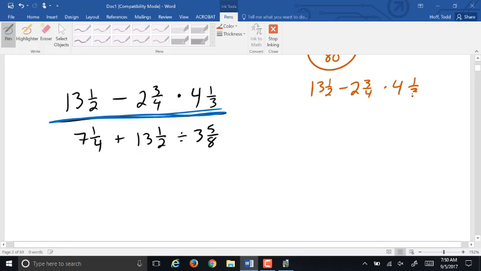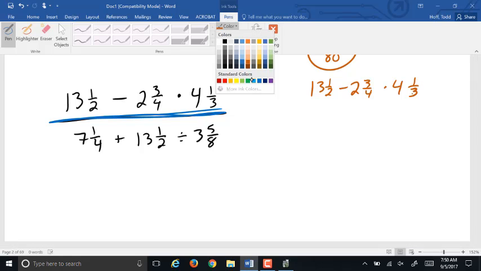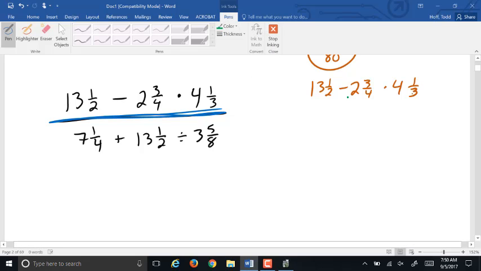What do we have to do first there? Perfect. We have to multiply those. To do that, I have to make them improper. So 2 times 4 is 8 plus 3 is 11 fourths. 4 times 3 is 12 plus 1 is 13 thirds.